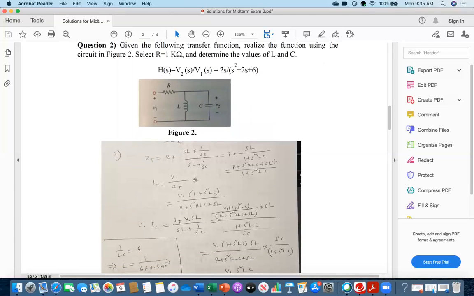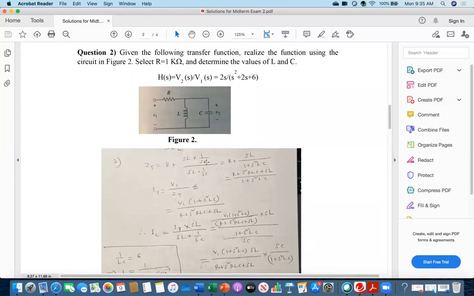So therefore, what I am doing, first I am making the total impedance from this circuit. First I am making the total impedance here, ZT, and by putting s equal to j omega, that I am doing. And then I am finding total current here.